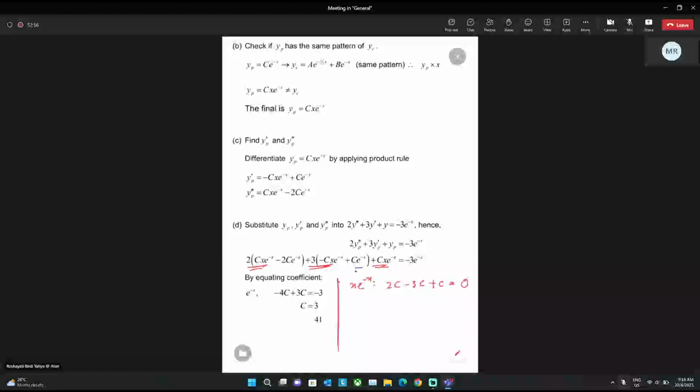Can you get it? So this can be cancelled, so it becomes 0. So that's why this is not written here.